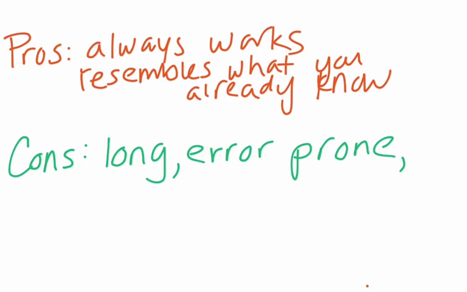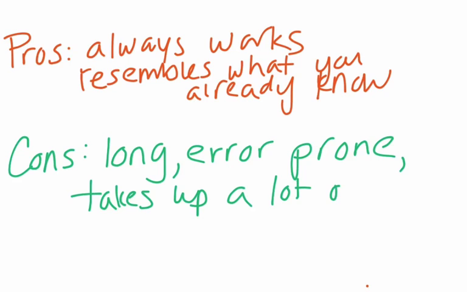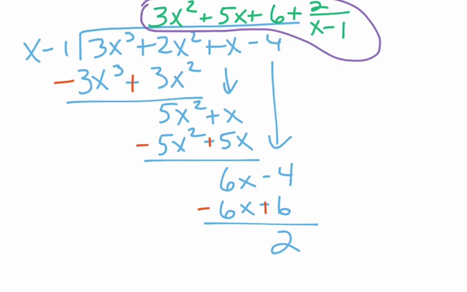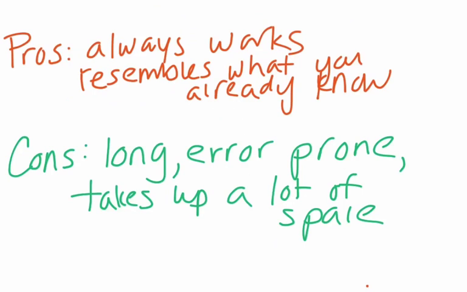The other big disadvantage is that this takes up a lot of space. The physical amount of space that this problem takes up is pretty daunting. And so it's just not an efficient way.